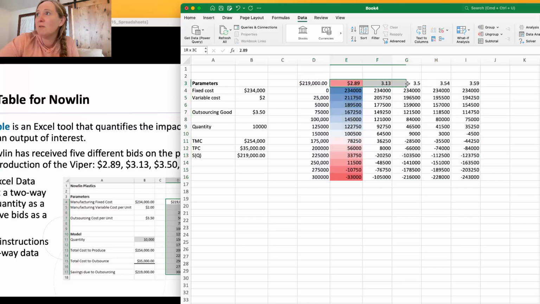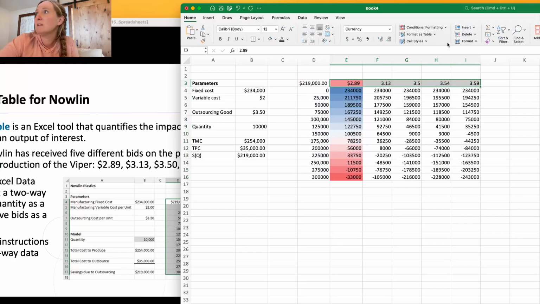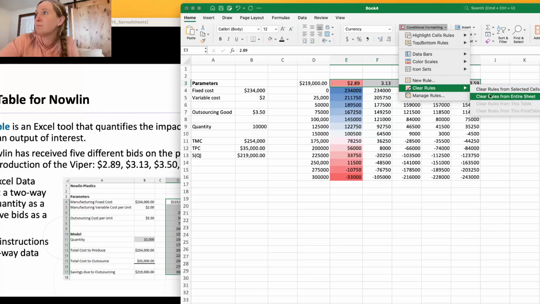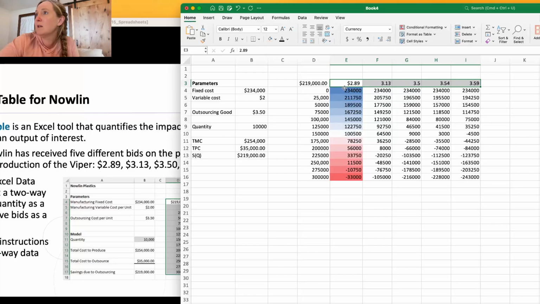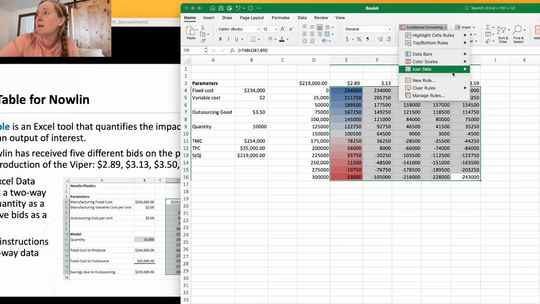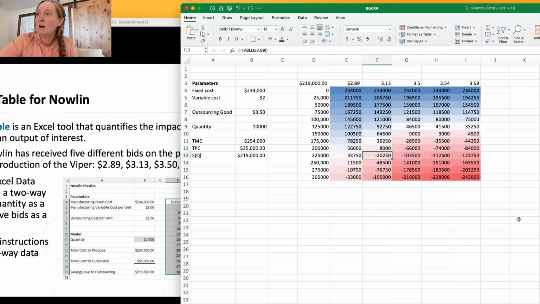Ta-da, here we go. I don't want to do this. Let's get back to conditional formatting and clear this one on the top. And we'll put all of these into color coding so that we can see it visually. And here we have it.